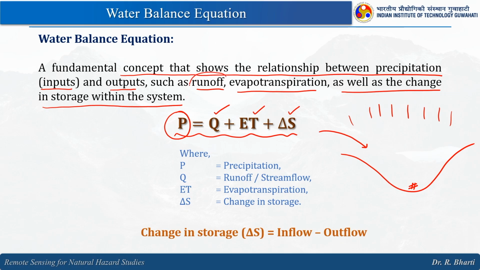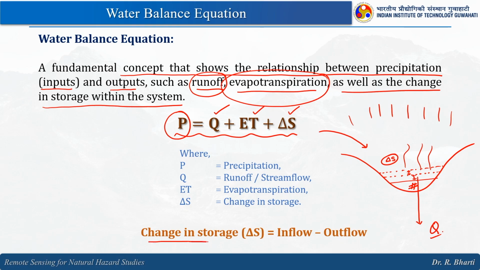So it can be runoff which is going down and we measure it as Q, then evapotranspiration, and then because of these two there will be change in the storage, right. So whether the level was here before the inflow started, and after the inflow maybe it will reach to this or maybe this. So this will be your delta S, right.